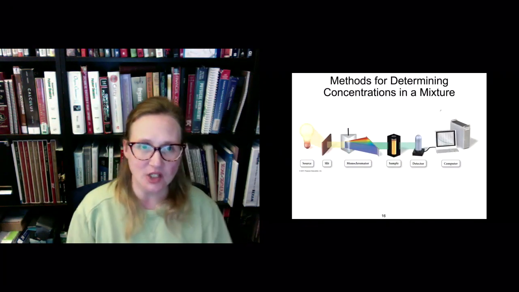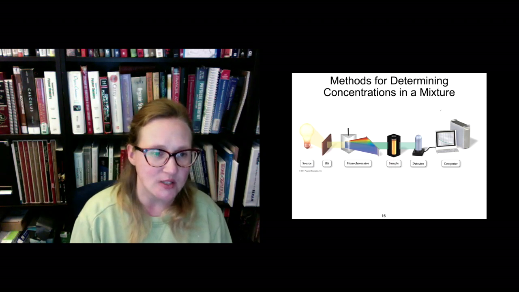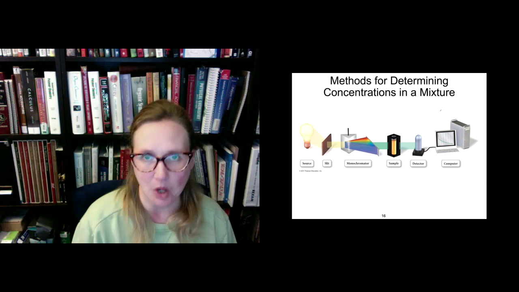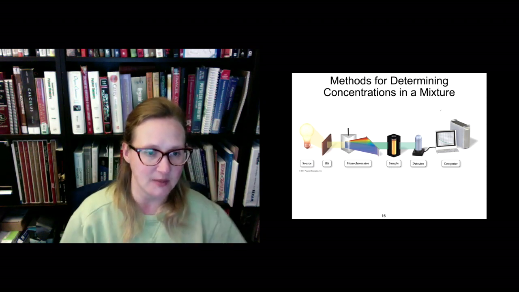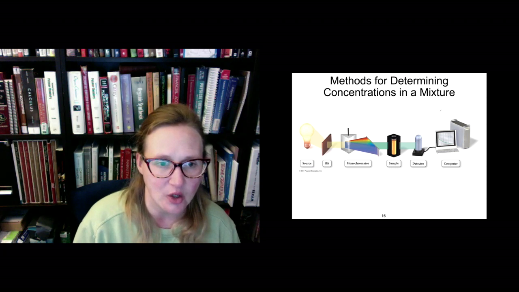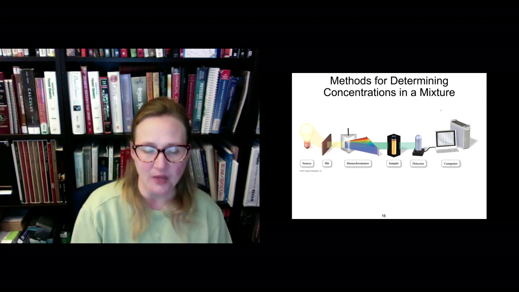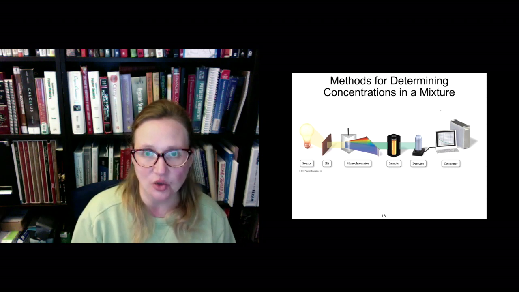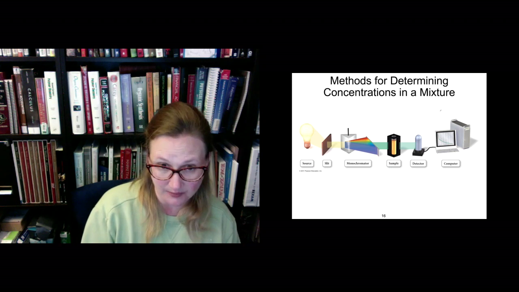All right, so let's talk about spectrophotometry for just a second here. So in spectrophotometry, you have a light source. Imagine a light bulb where the light is all wavelengths of light. That light is going to go through a slit where it is then diffracted by a monochromator. And that monochromator breaks up that light into its individual wavelengths.